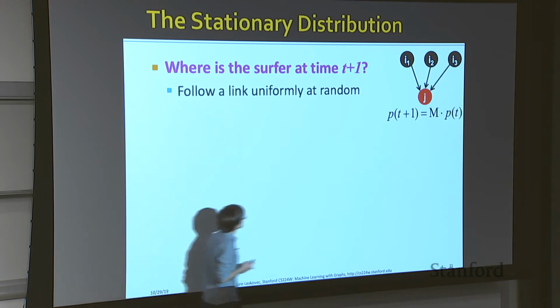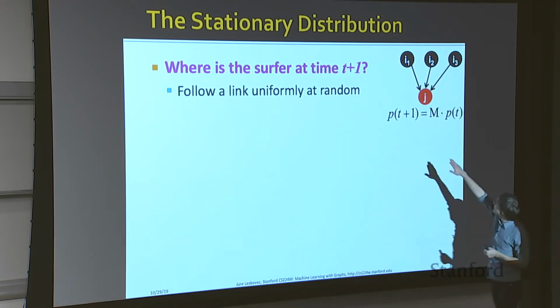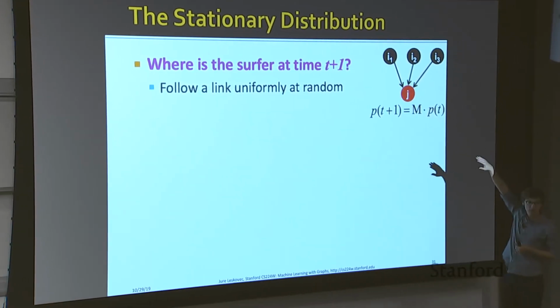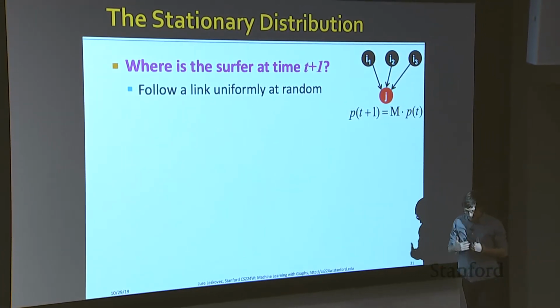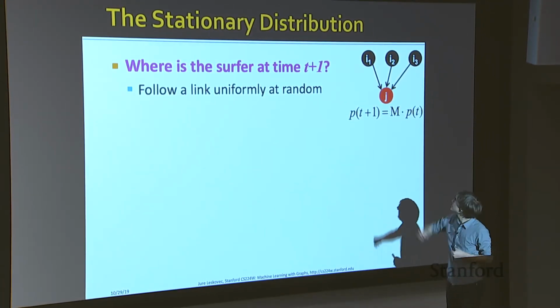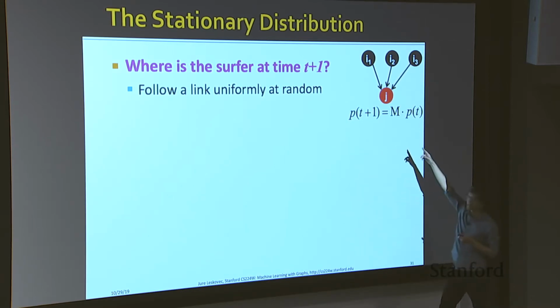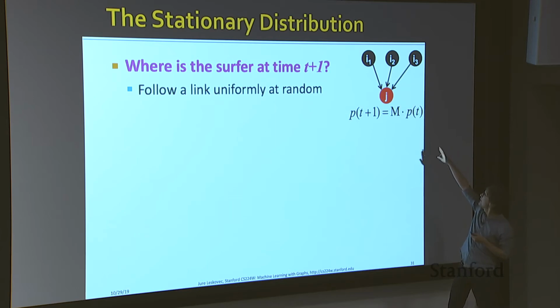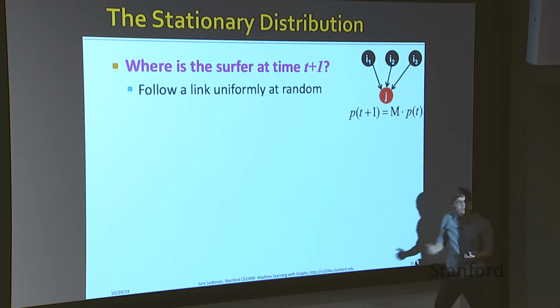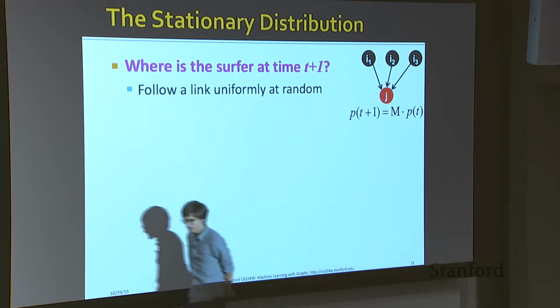The way I can think of this is, if at time t the surfer is at one of the pages, at the next time the surfer will take one step. So it means that, for example, the probability that at time t plus 1 the surfer is at page j will depend on the probability that the surfer was at time t at the pages I and their out degree, right?